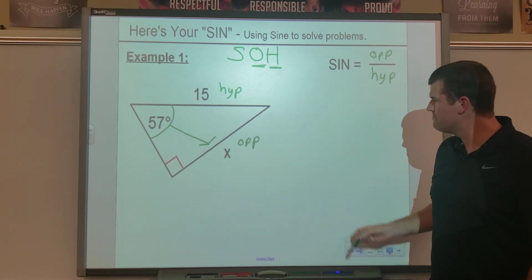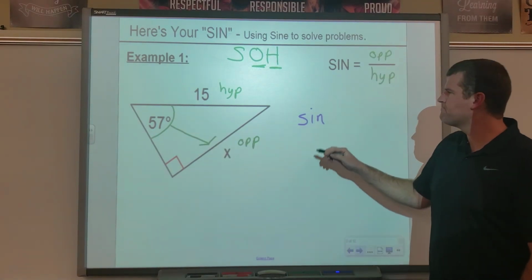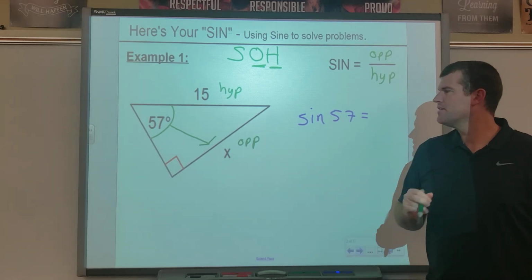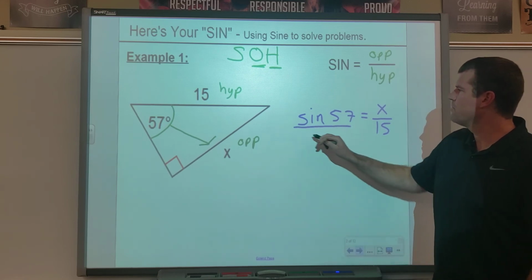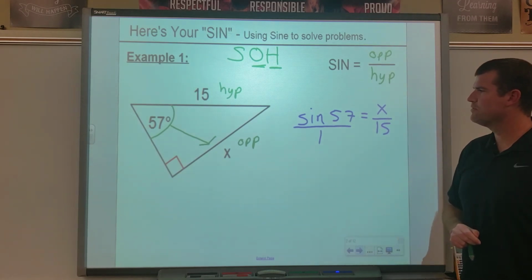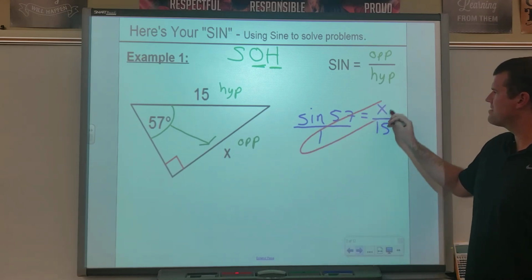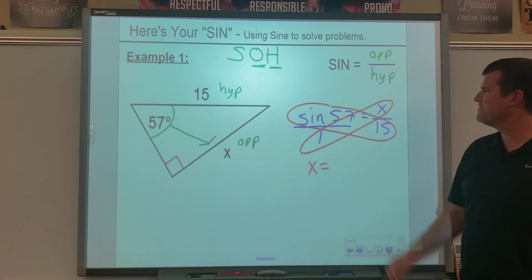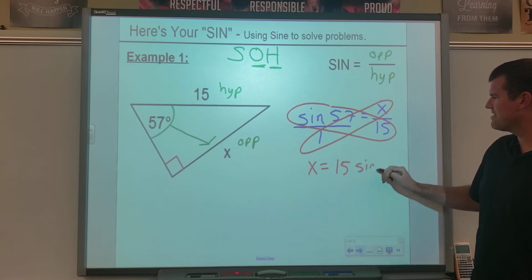When we go to set up this problem, we're going to do sine of the angle, so sine of 57 equals what over what? That's right, it's going to be x over 15. And then we can turn this into a proportion, right, by making the sine 57 a fraction over 1. And then we can go ahead and cross multiply. X times 1 is x. And then for sine 57 times 15, sometimes you'll see that written as 15 times sine 57.